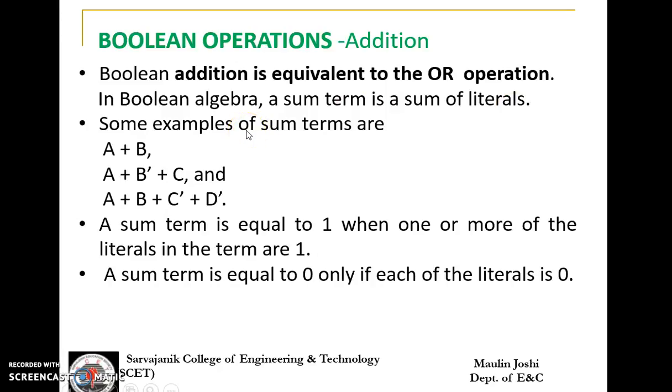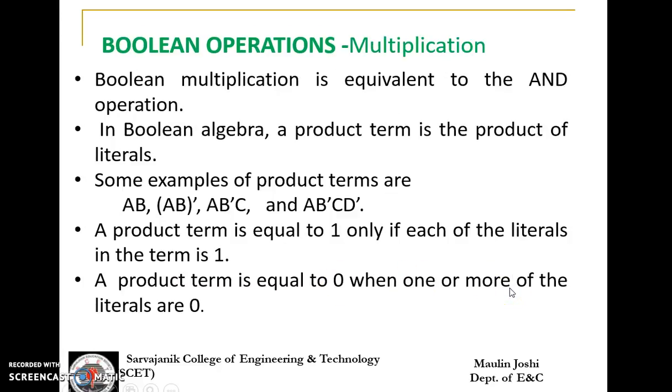Some examples are A plus B, A plus B dash plus C, and A plus B plus C dash plus D dash. A sum term is equal to 1 when one or more of the literals in the term are 1. The sum goes to 0 only if each of the literals is 0.